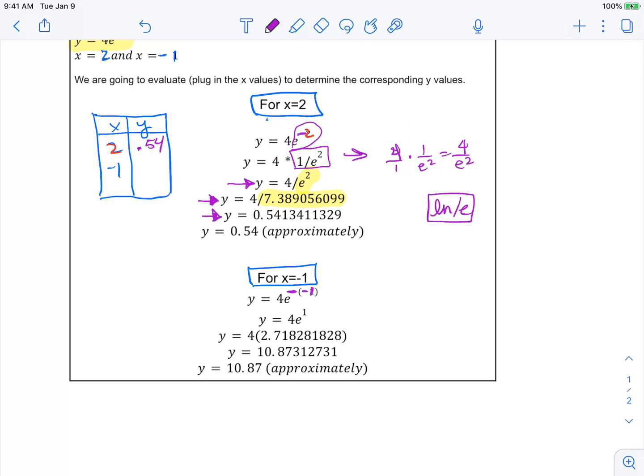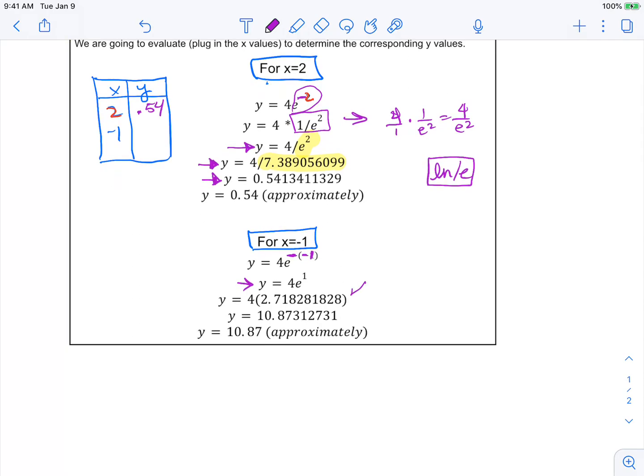Okay. So when I do this math, a negative times a negative is a positive, and that gives me 4 times e to the 1. Then I put in my e to the 1 in my calculator, and I'm going to get this number out.